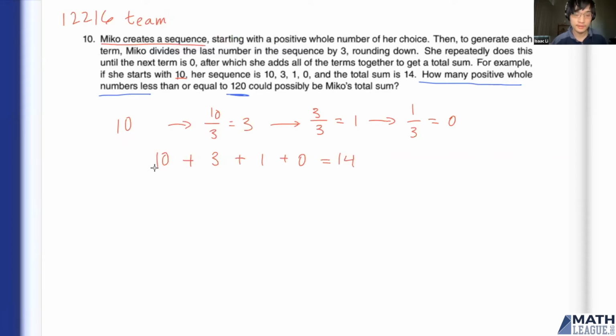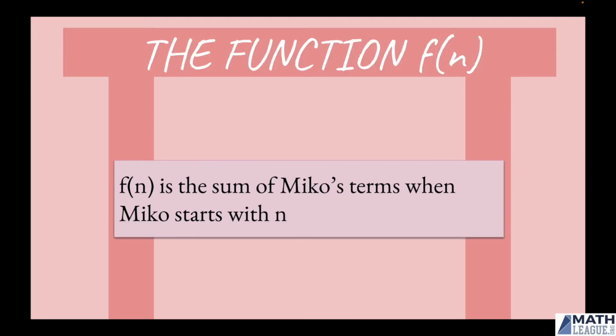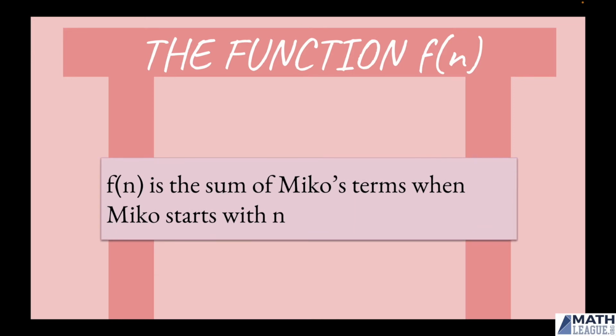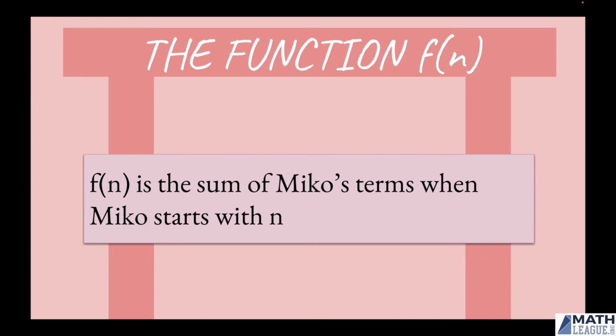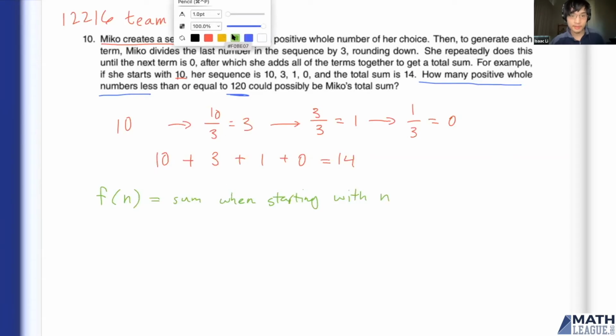Well, what we can do is try to treat this as a function. So we have f of n, where f of n is going to be the sum when starting with n.